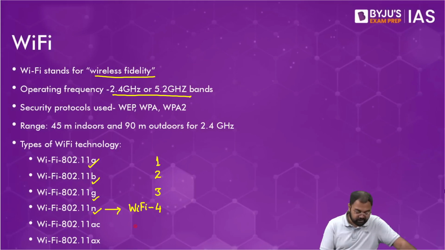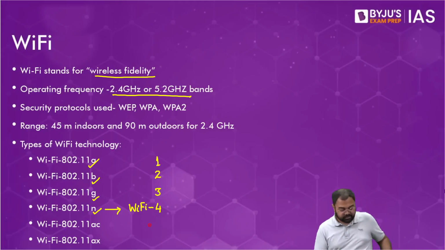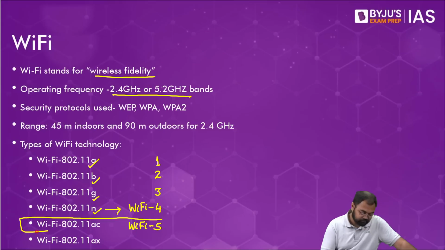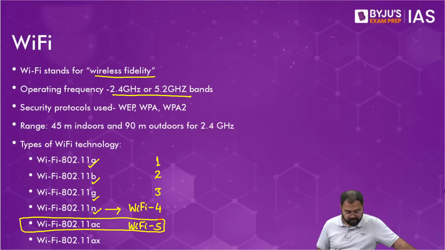Then the next technology that came in was Wi-Fi 5. Right now, most of us are living in the era of Wi-Fi 5. This is largely used in today's world, although Wi-Fi 4 and Wi-Fi 3 are also available.